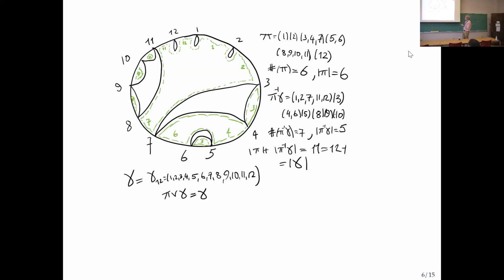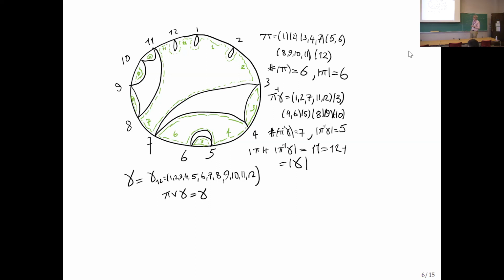So pi has 6 cycles. There's 12 things, so the length of pi is 12 minus 6. You can compute this Kreweras complement. It's just pi inverse gamma. There it is. You just do the multiplication. It has 7 cycles, so the length is 12 minus 7.